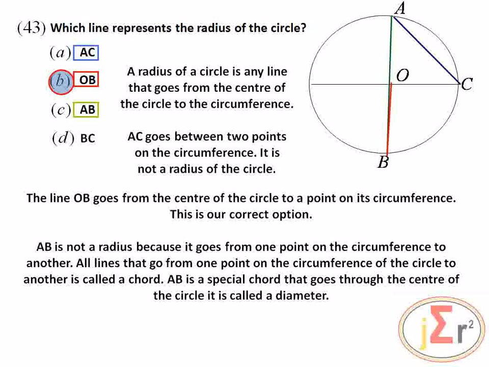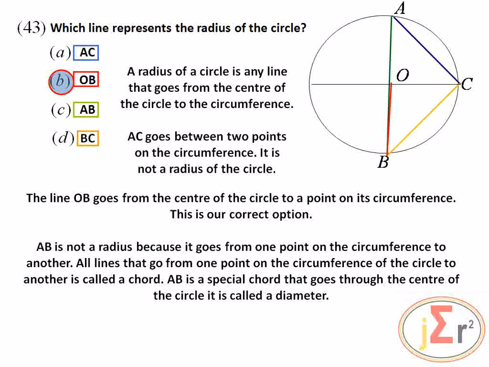AB is a special chord that goes through the center of the circle and is therefore called a diameter. So the chord that passes through the center of the circle is a diameter of the circle.